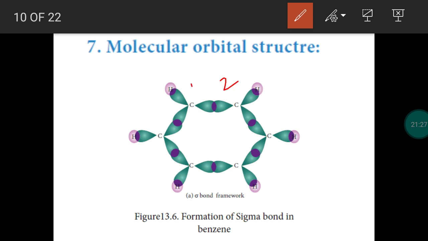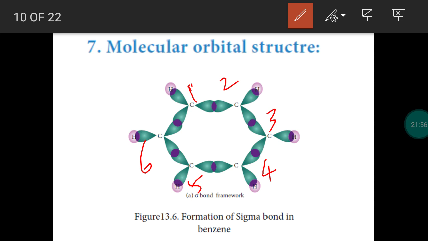So there are 6 carbon atoms. Every carbon has 3 sp2 hybridized orbitals with a single electron. All the 3 hybridized orbitals of carbon are involved in head-on overlapping. So every carbon is making 3 covalent bonds.